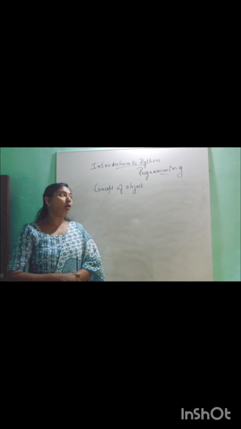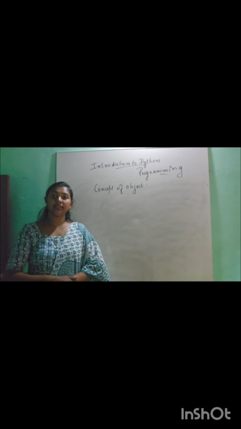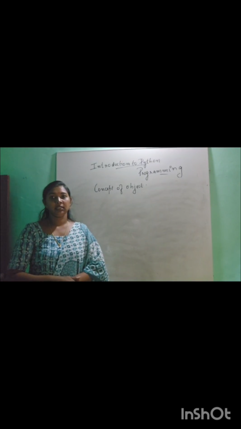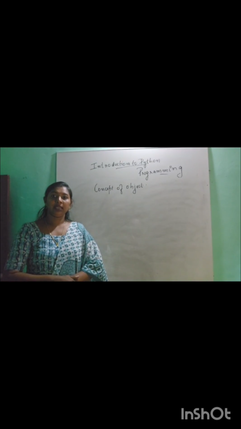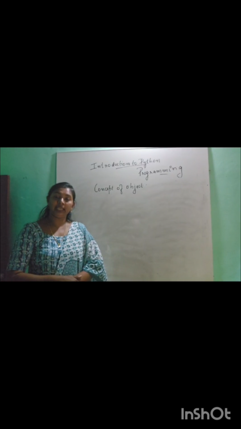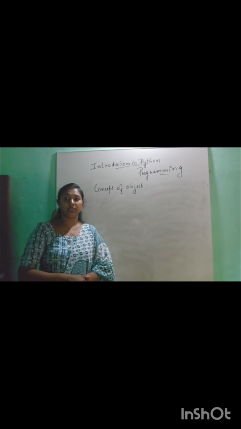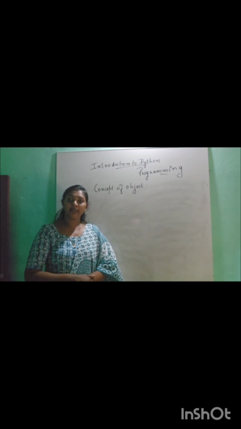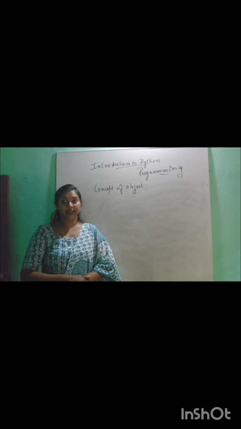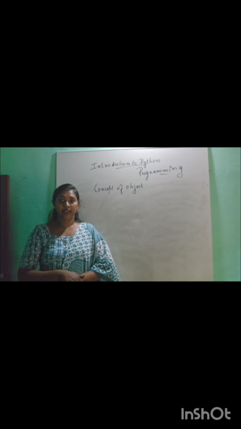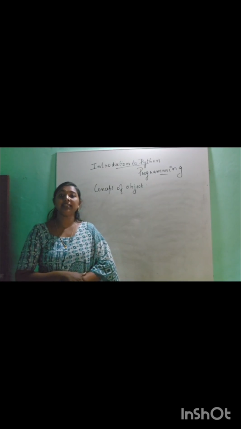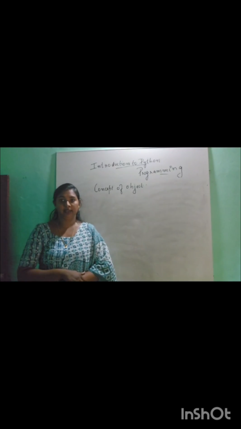Next, we move on to the next topic, the concept of object. So what is an object? In Python, every variable is considered an object. Since Python is an object-oriented programming language, any data assigned to a variable is considered an object in Python.